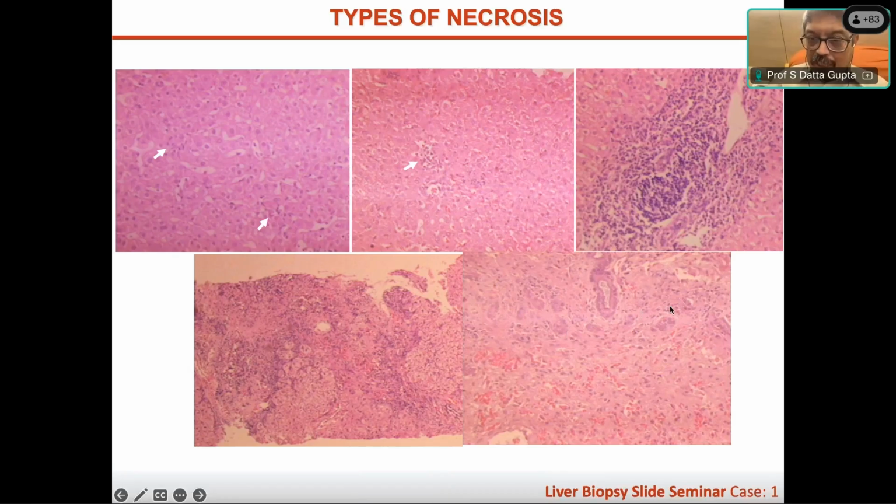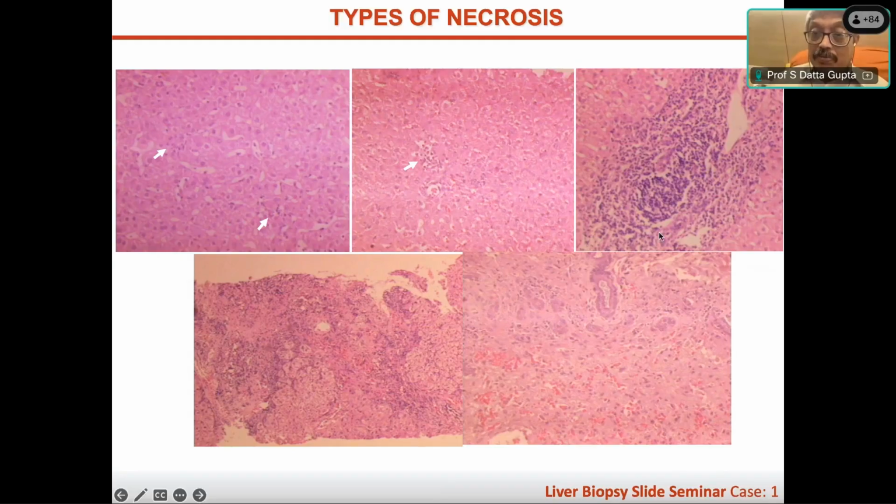If the entire lobule is gone, it's called panlobular or panacinar necrosis. So whenever there is panacinar necrosis, the liver span will decrease. The clinicians do a percussion at the side and see the liver span, or do an ultrasound, the liver will be shrunken. Most of these patients will go into hepatic encephalopathy.